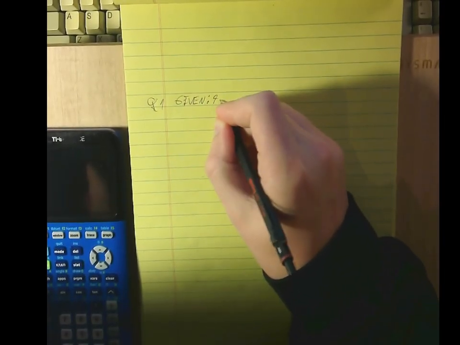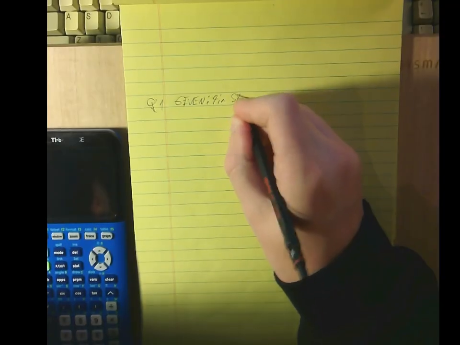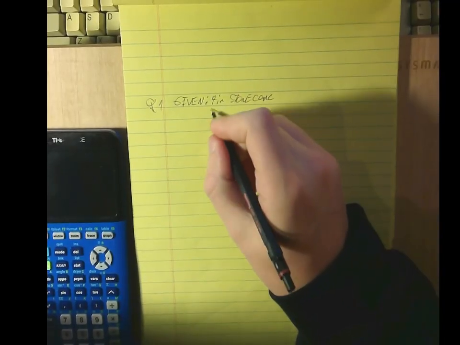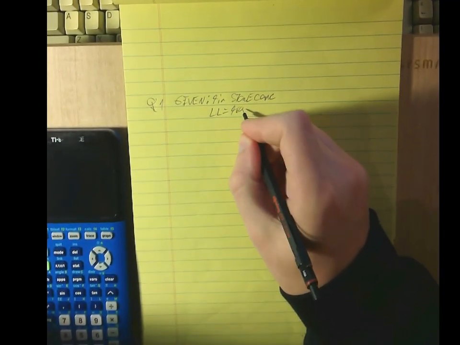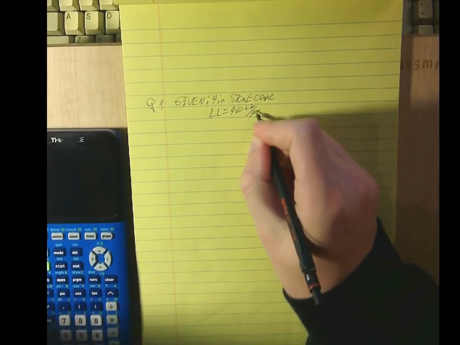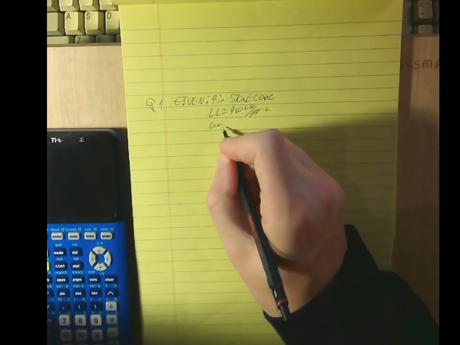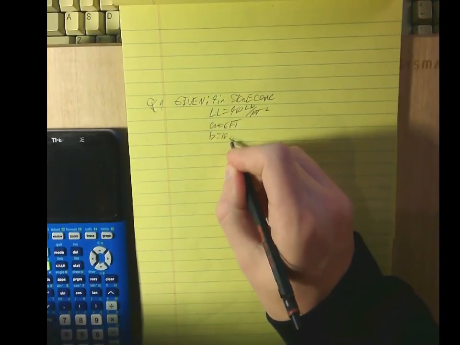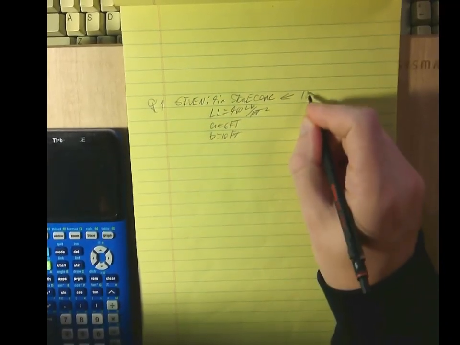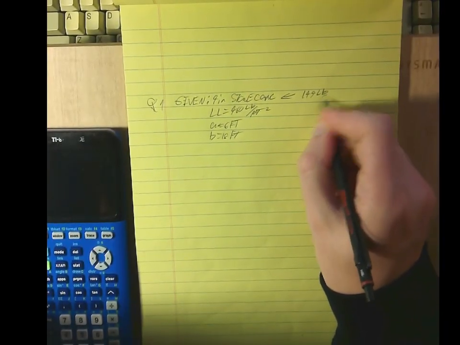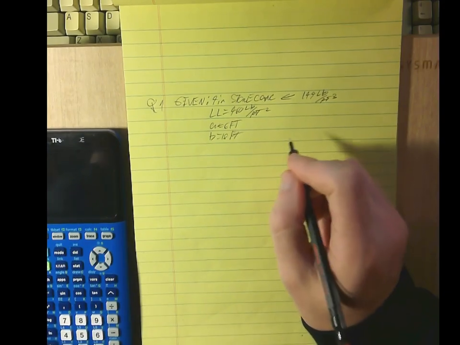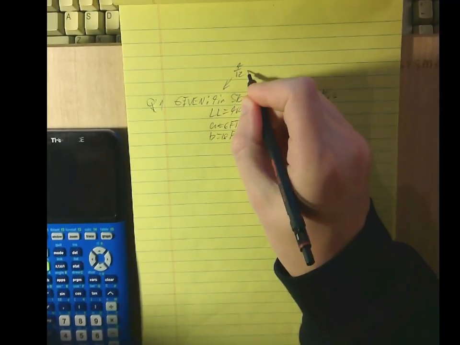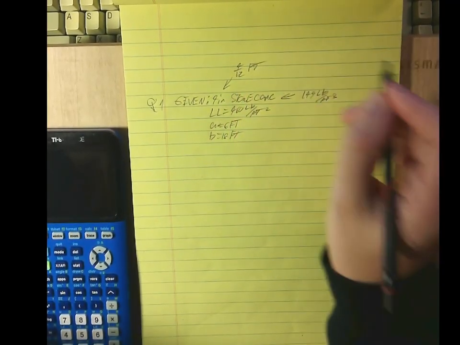Given 4-inch stone concrete slab, live load equals 460 pounds per foot squared, A equals 6, B equals 18 foot. We know that stone concrete is 144 pounds per foot cubed. We can get this 4 inches is actually 4 over 12 foot.